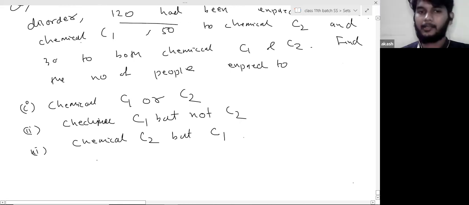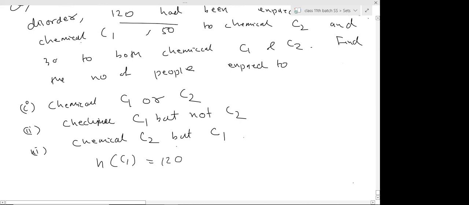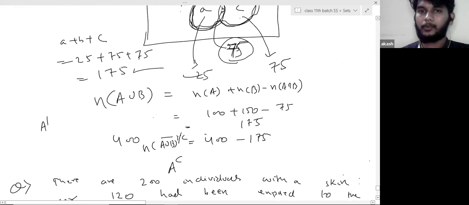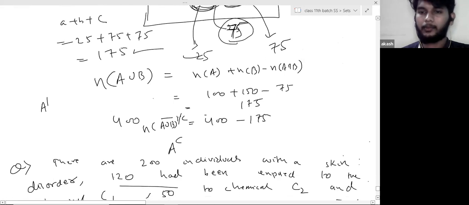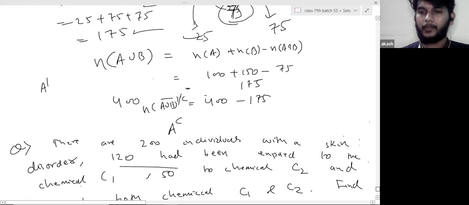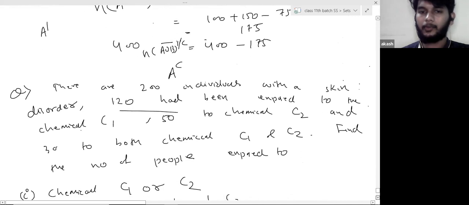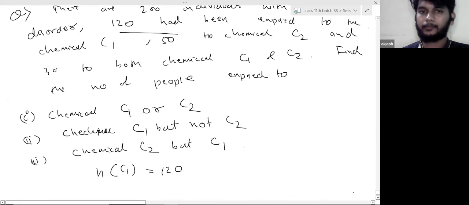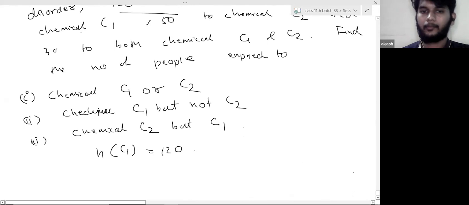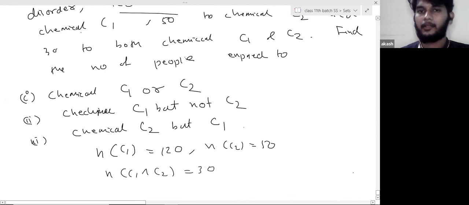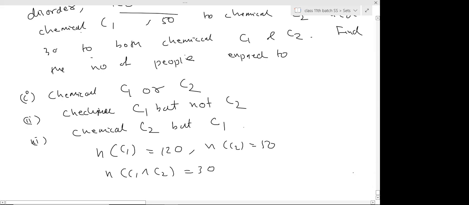Let's say this is N, C1 is 120, and 50 are exposed to C2. So n(C2) is 50 and n(C1 intersection C2) is 30, people exposed to both chemicals.